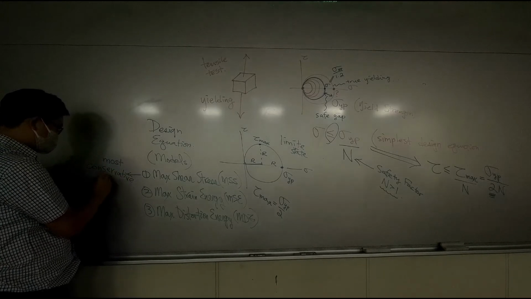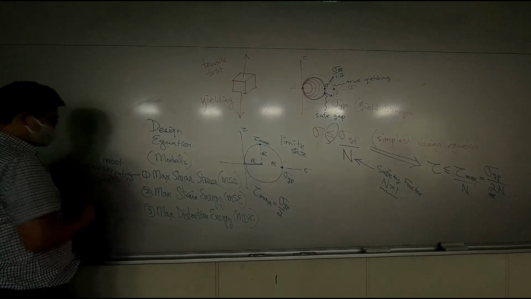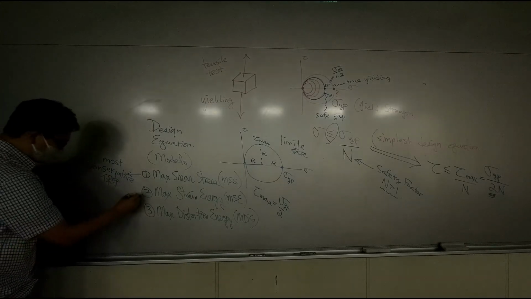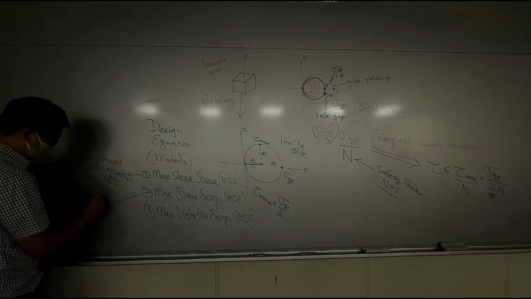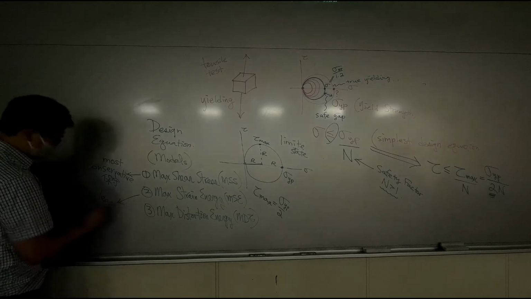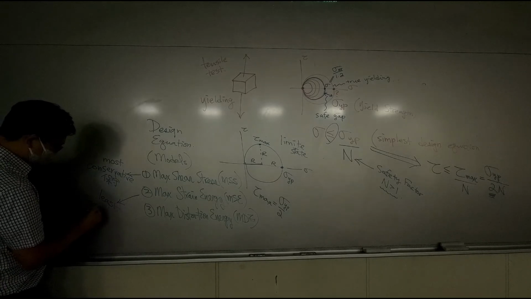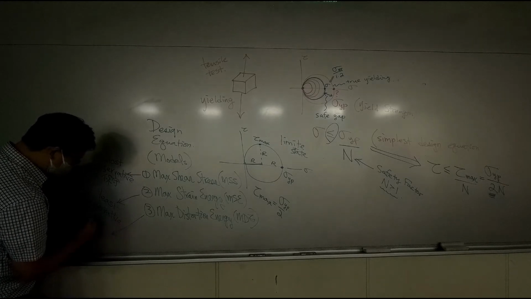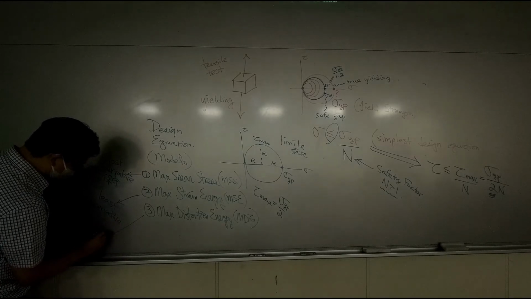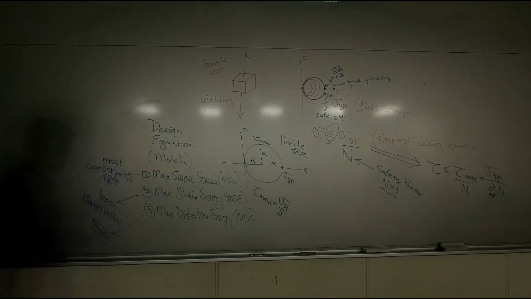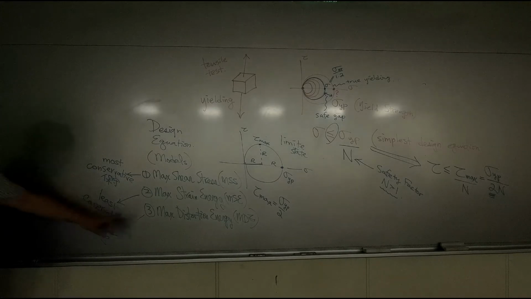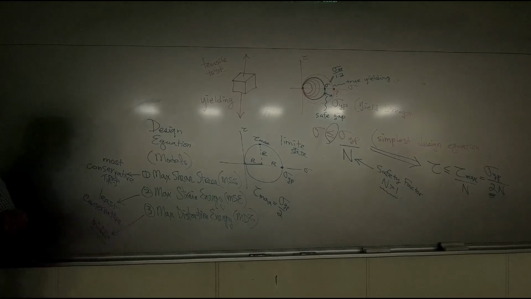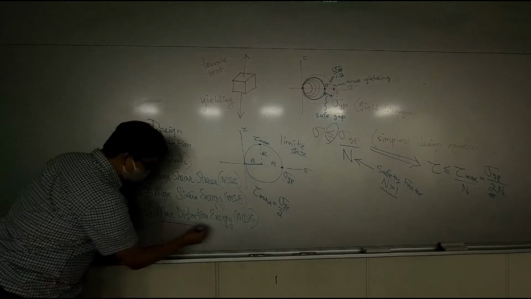Chinese is 保守. And this one is the least conservative. And this one is in the middle. Okay? So since this one is in the middle, in many cases, even in software, they use this model.